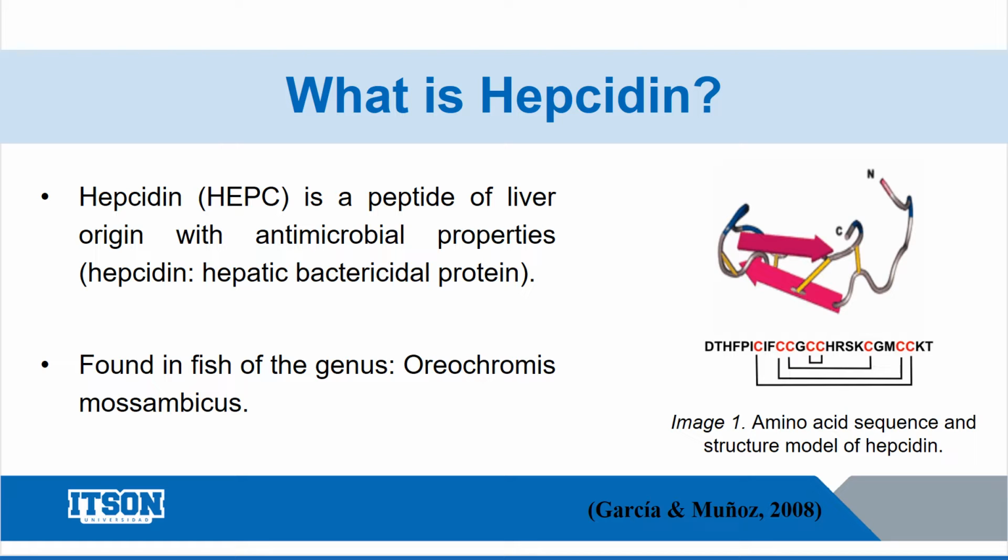In the case of hepcidin, the amino acid sequence reveals the existence of a total of 8 cysteines in the primary structure of the protein, as we can see in image 1. This high content of cysteines differentiates it from other antibacterial peptides. This molecule is found in fish of the genus Oreochromis mossambicus.